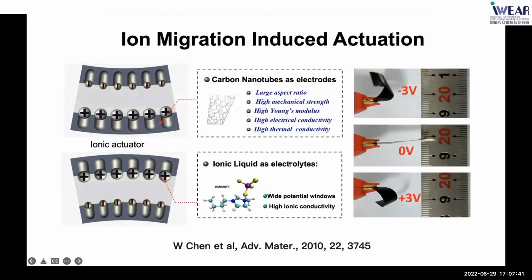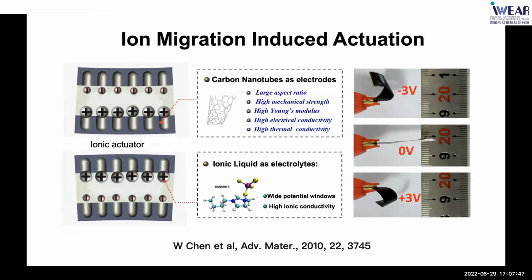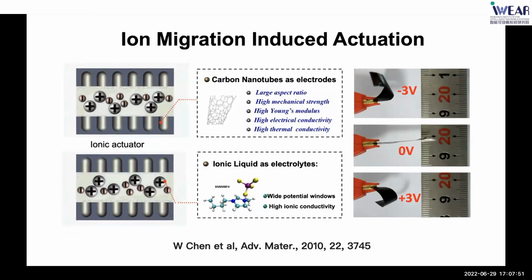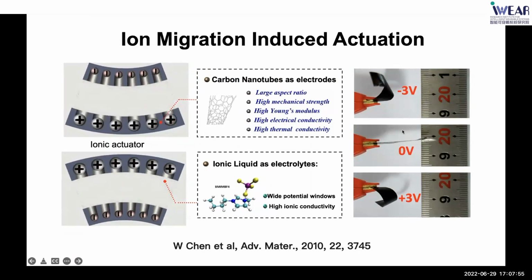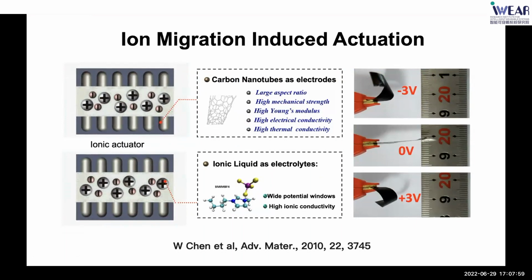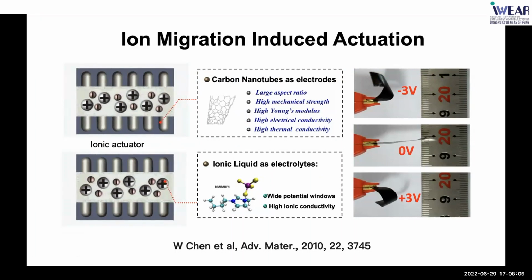Here is our first work for wearable applications. It is the actuation caused by ion migration. The biggest advantage is that these actuators can be driven at very low voltage. The left picture is the structure of these devices.